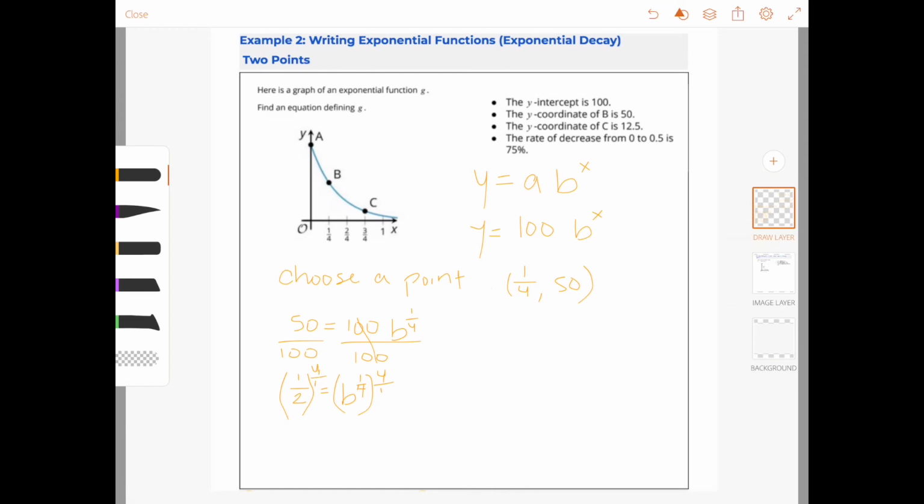And we know that 4 over 1 is the same thing as 4, so that's going to cancel out on the right side. And then on the left side, we have 1/2 to the power of 4, which we already solved in the last problem. We know that's 1/16 equals b. And now I'm just going to write out that equation here. So we have y equals 100 times 1/16 raised to the power of x. So that's a little bit easier way to solve that same problem.